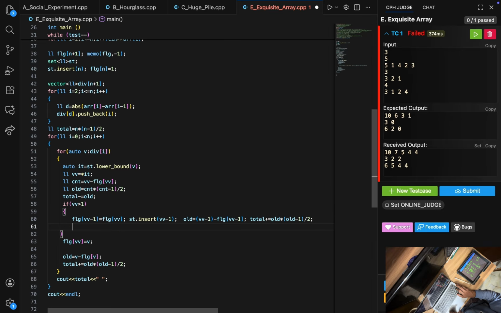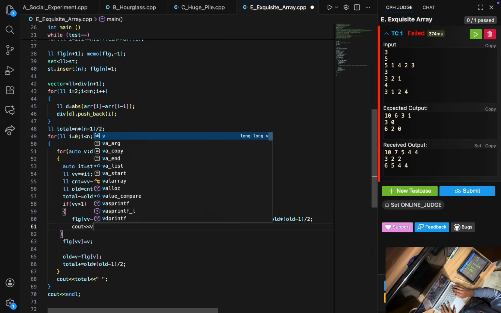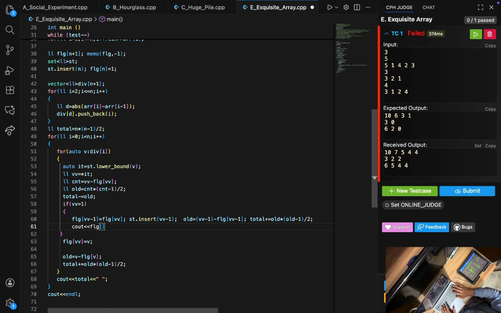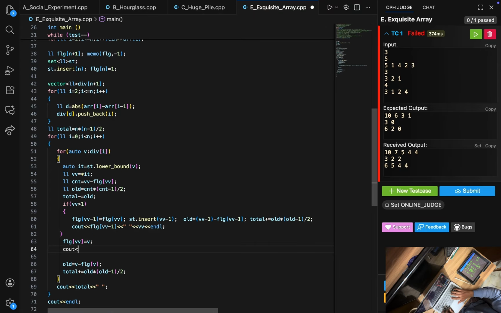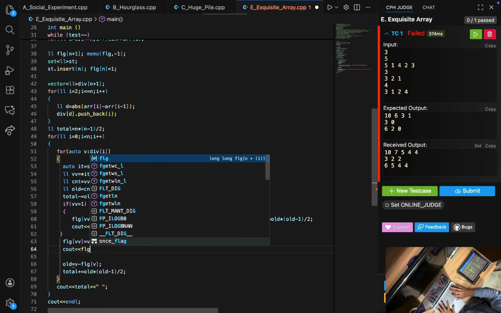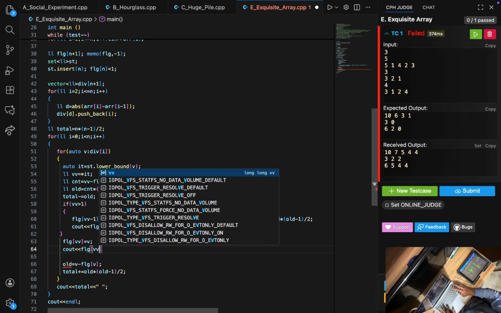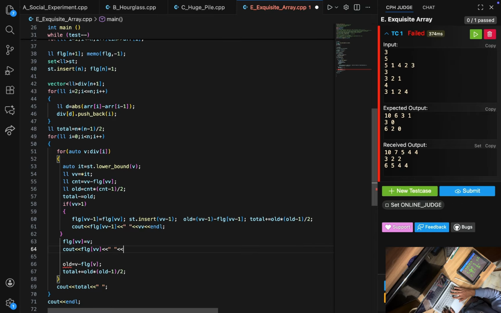Let's cout after that: cout flag vv minus 1, space, vv, and cout flag vv, space, vv.